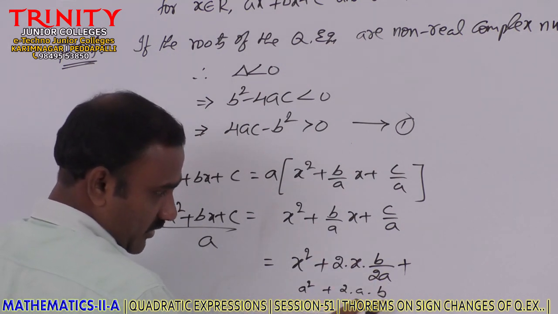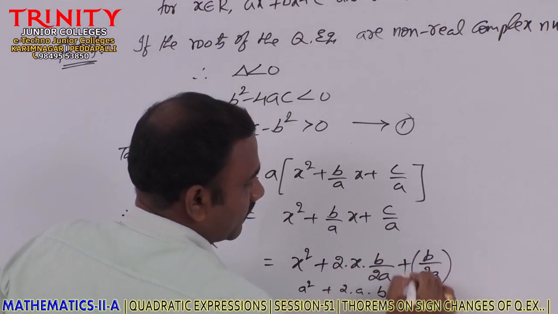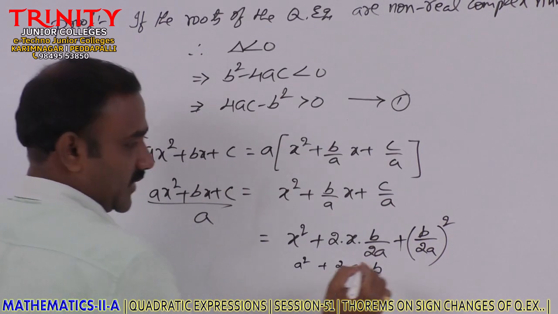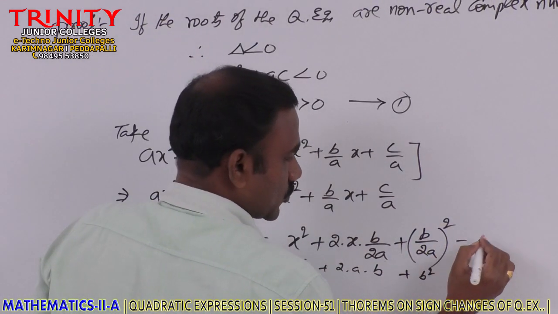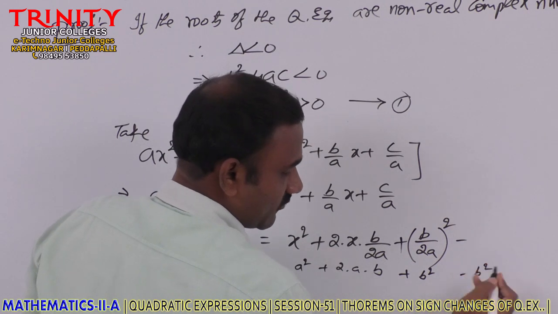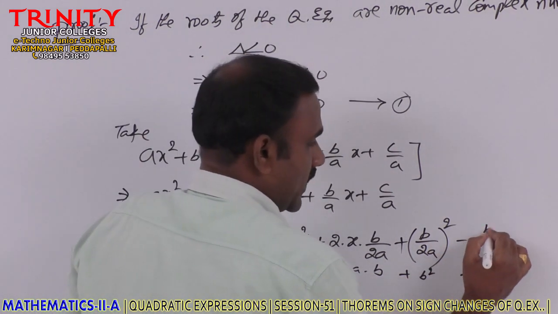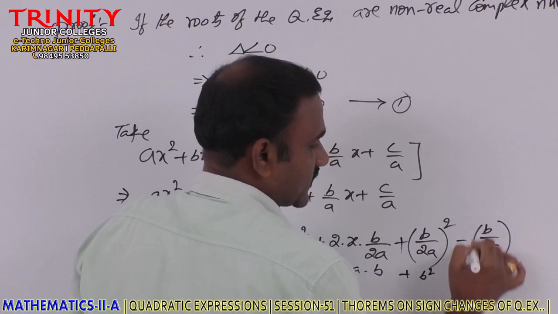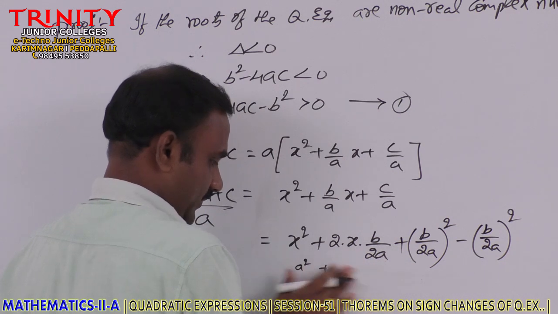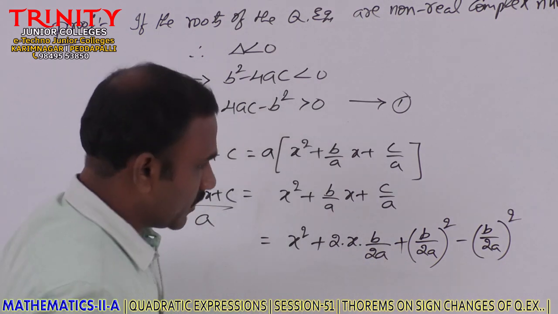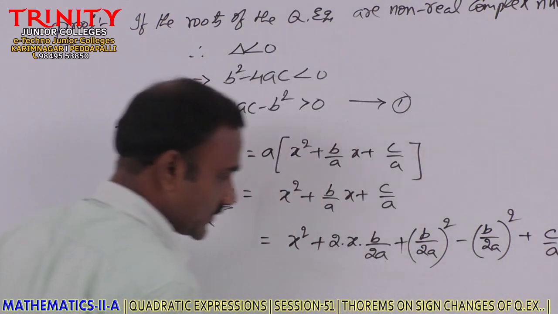A square we have, therefore we have to write b square, it is b by 2a whole square. Means we are adding b square, then we have to subtract b square without changing its original value. That's why b by 2a whole square is added and subtracted, plus c by a as it is.